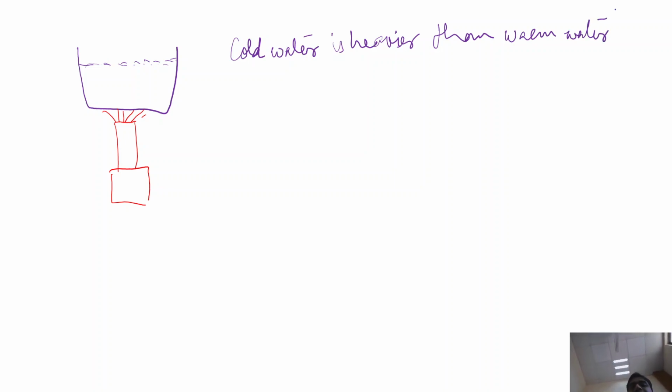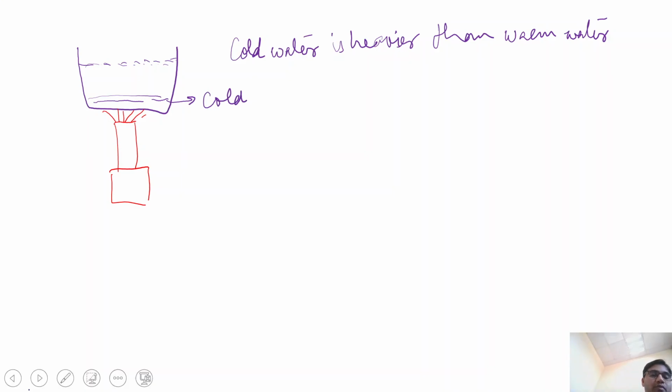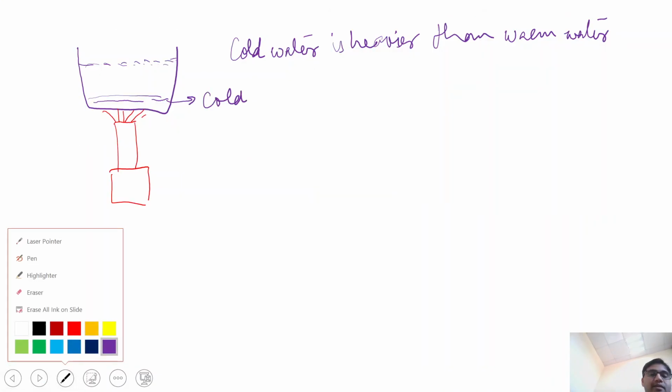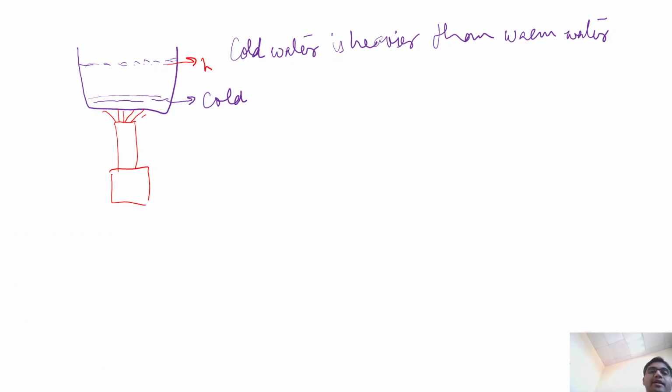So this portion at the base will be cold, while the top portion will be relatively warm. Now what will happen? As you provide heat to this base, the water which is in contact with this vessel will get heated up by the conduction process because it is in contact with it.